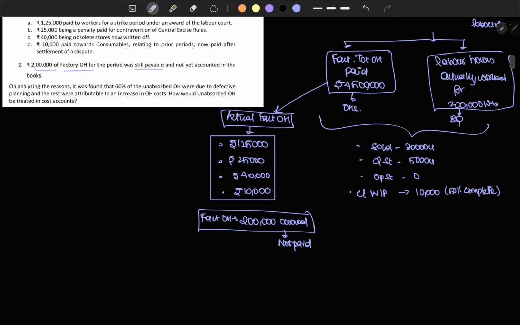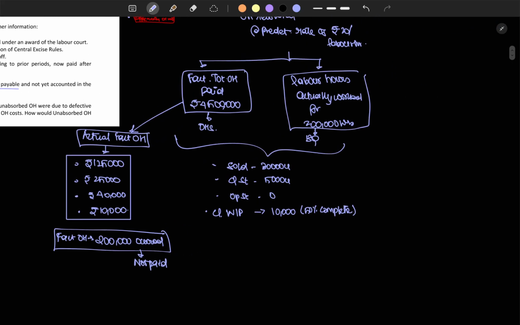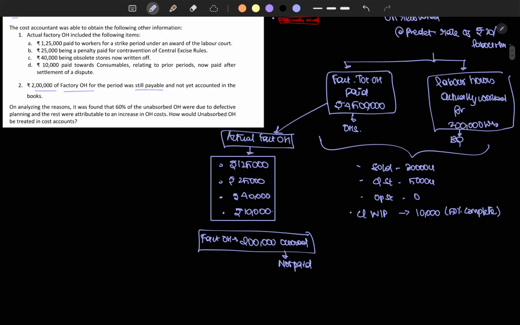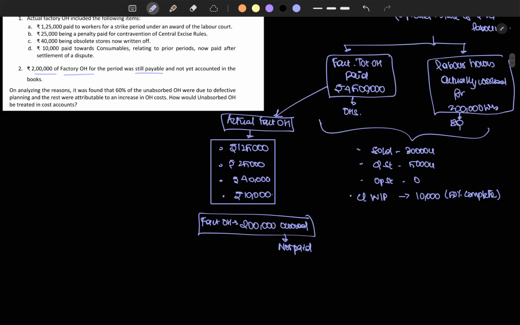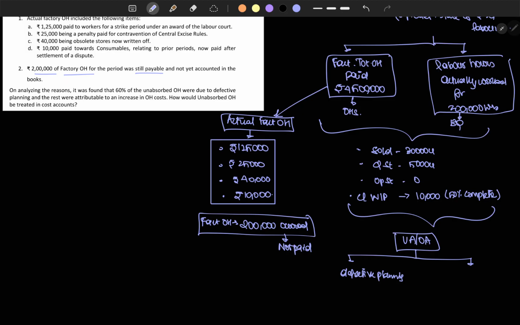On analyzing the reason, it was found that 60 percentage of the unabsorbed overhead was due to defective planning, and the rest due to natural cause.